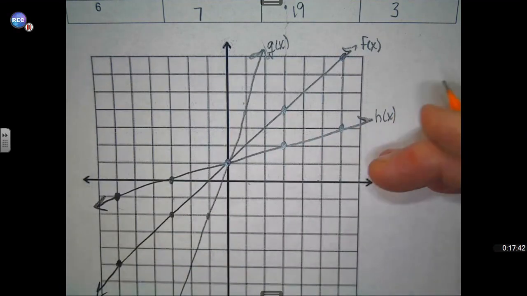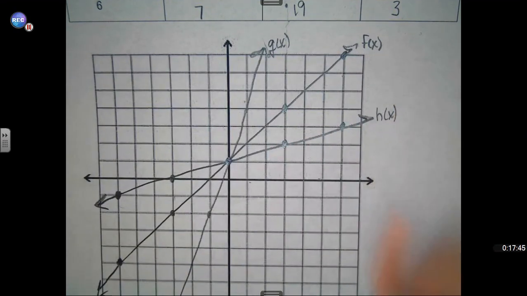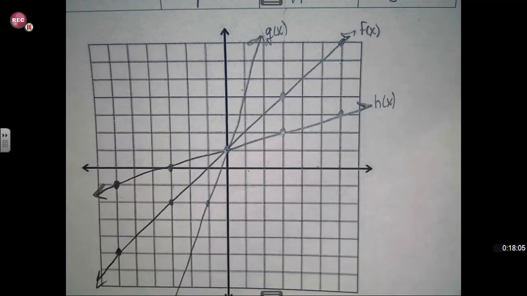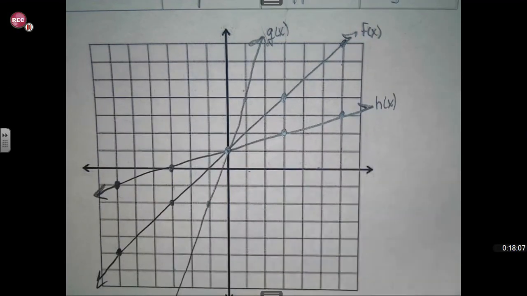Okay, so again, if the number is getting bigger than 1, it's going to be a horizontal compression, and if the number's a fraction between 0 and 1, that's going to be a horizontal stretch. Okay.